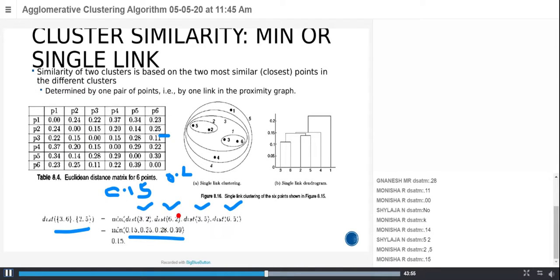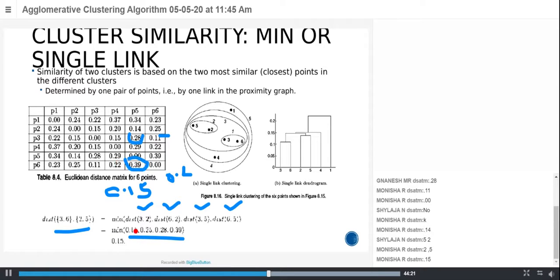Between 5 and 2 is 0.14. Between 6 and 2 is 0.39. Between 3 and 5 is 0.28. Between 6 and 5 is 0.39.